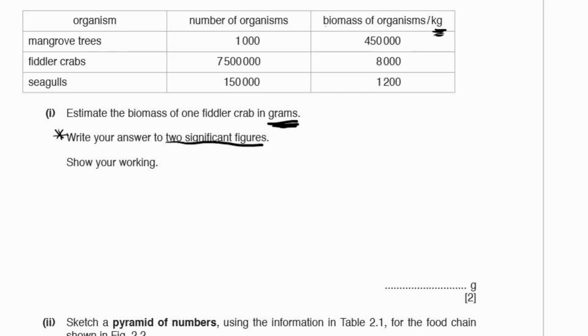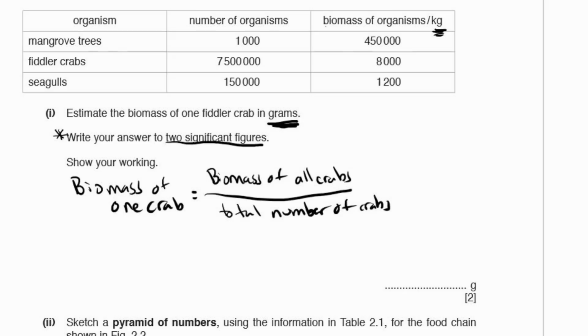Okay, so the biomass of one crab equals the biomass of all of the crabs put together divided by the number of crabs. And as we said, they want it in grams and it's in kilograms, so we have to multiply that by 1,000 because there's 1,000 grams in 1 kilogram.